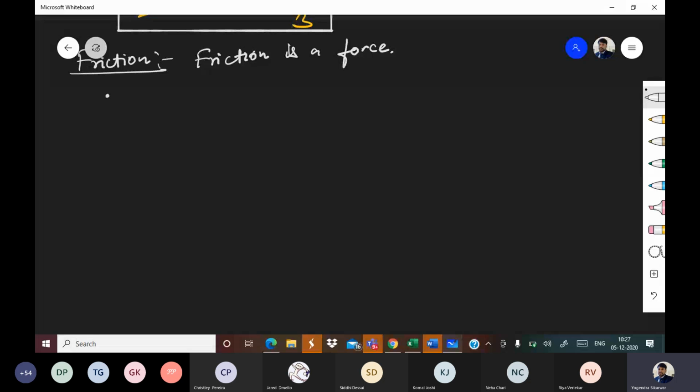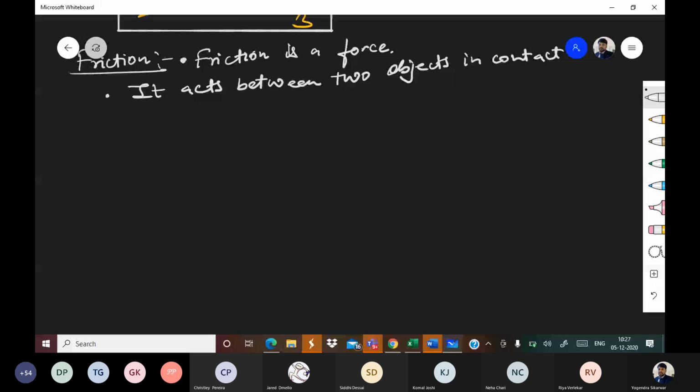Next point is it acts between two objects in contact. Basically what it is trying to tell you is that friction is a contact force.